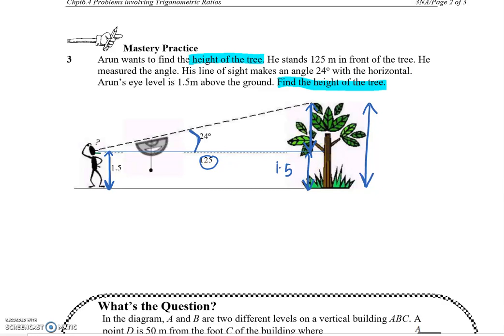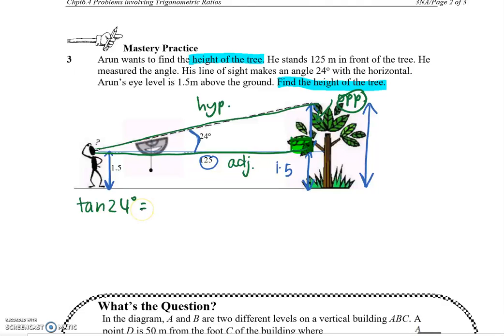You need to identify that there is a right angle triangle in this case. I'm drawing the 90 degrees here. The angle is 24 degrees. In this case, here is the adjacent, the opposite is here, and this is the hypotenuse. We're looking for the opposite and we have the adjacent, meaning tangent 24 degrees is equal to opposite over adjacent.